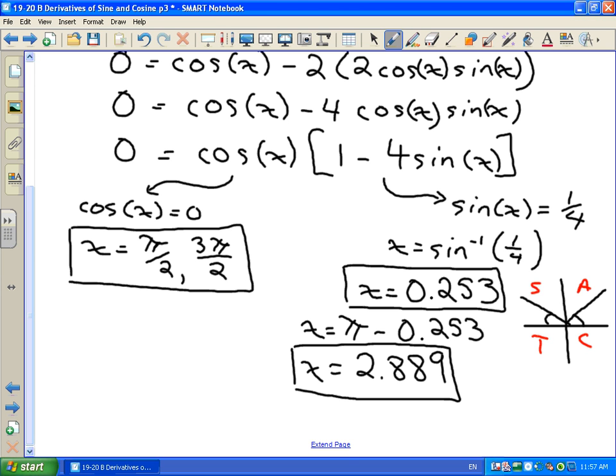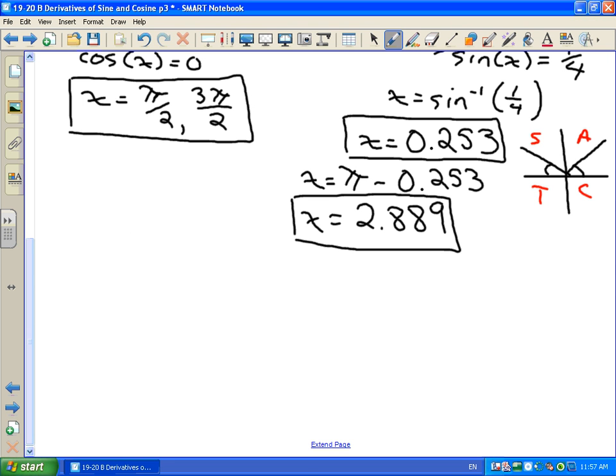So we need to figure out whether these critical numbers represent local maxima or local minima, and find the coordinates, or the y values. What can we use to figure out if these are maxima or minima? The second derivative test. So we are going to use second derivative test.